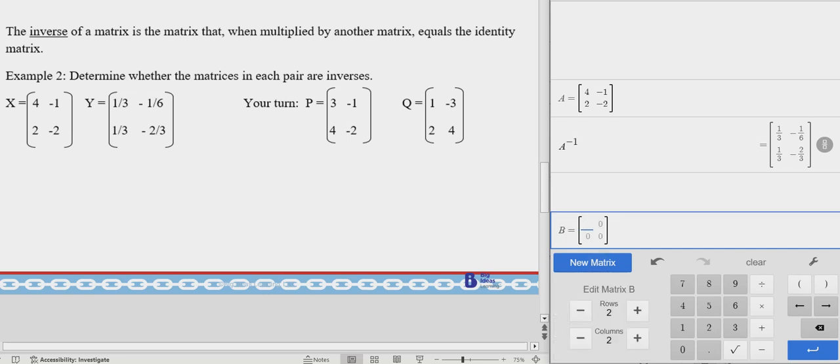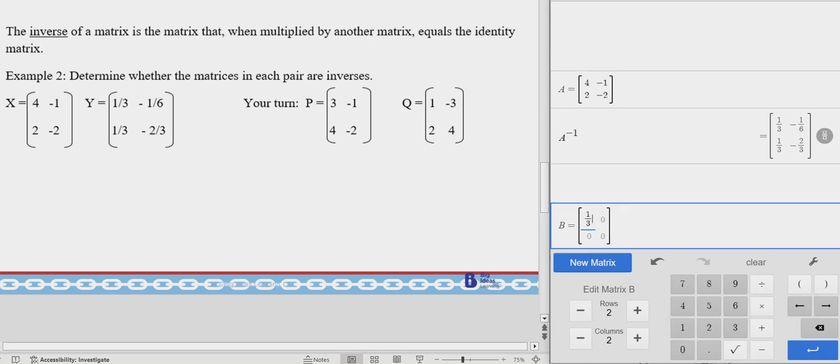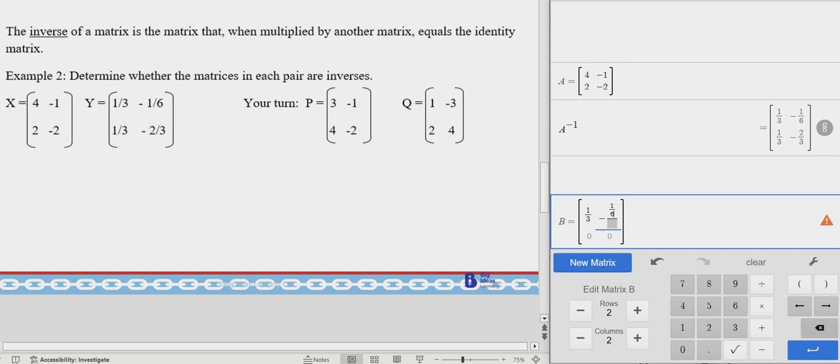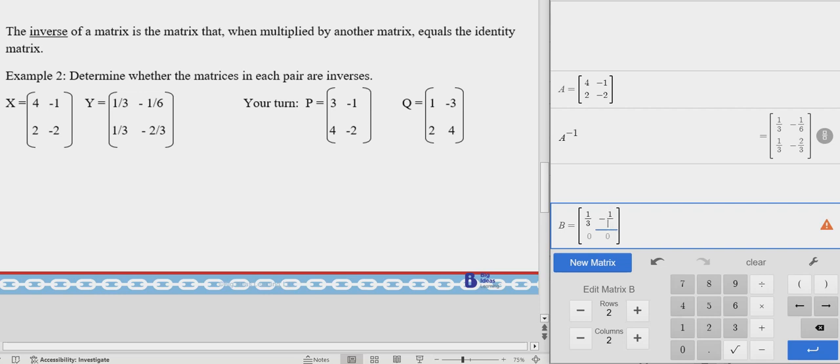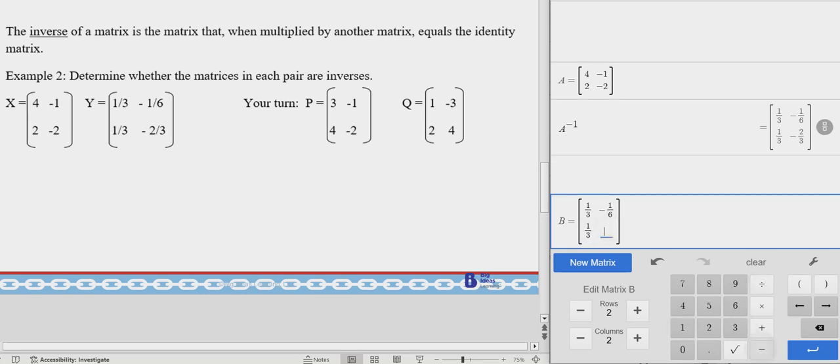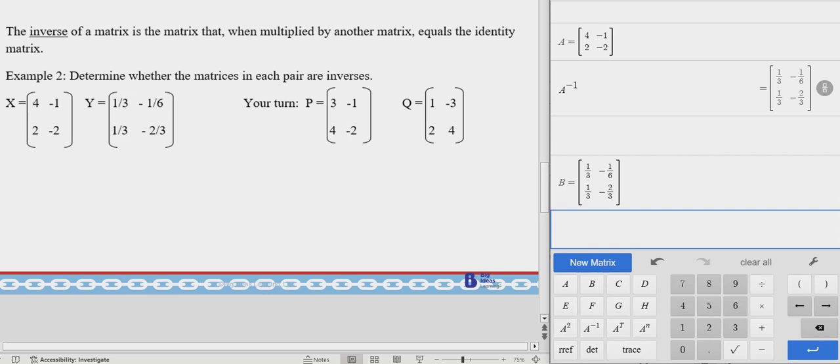If I wanted to do what I'm being asked to do specifically, I can enter this other matrix in: -1/6, 1/3, and negative 2/3. And then when I go A times B, I see that identity matrix of 1, 0, 0, 1. The ones are on that diagonal.